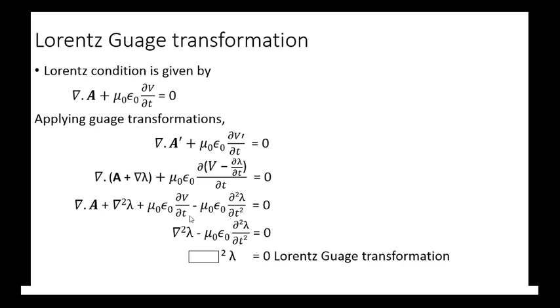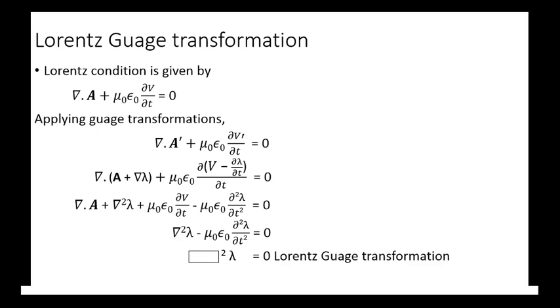Now what is that operator? That is del square minus mu 0 epsilon 0 dou square by dou T square. That is the d'Alembertian operator, represented by del square lambda, which is equal to 0. So this equation represents the Lorenz gauge transformation.